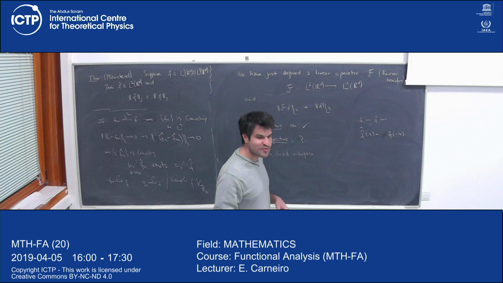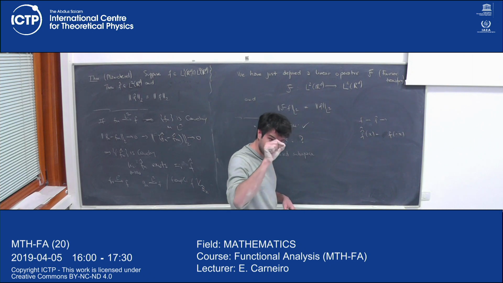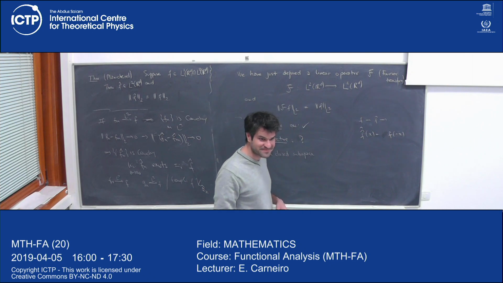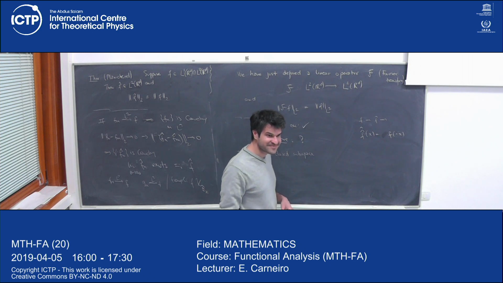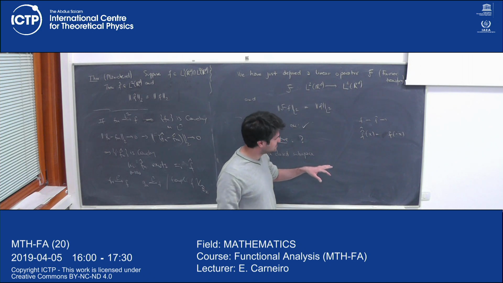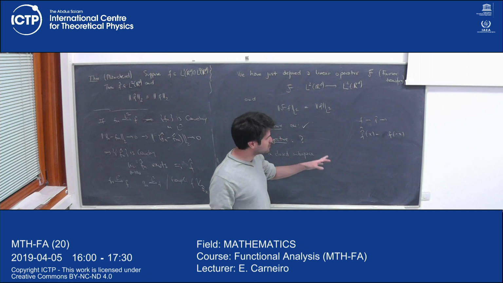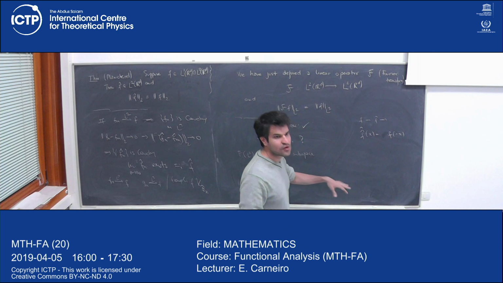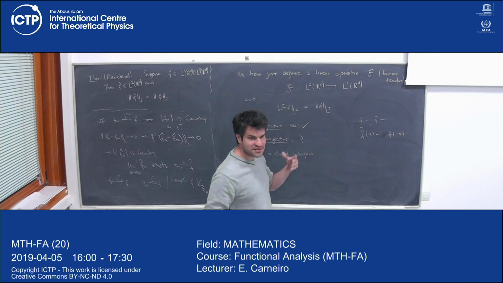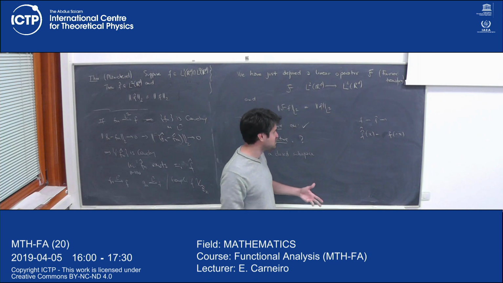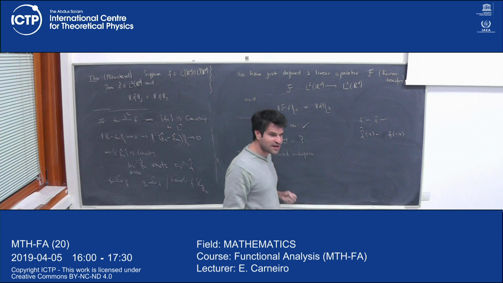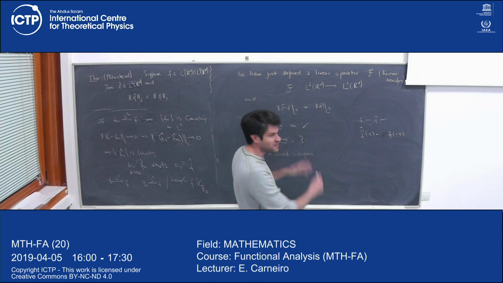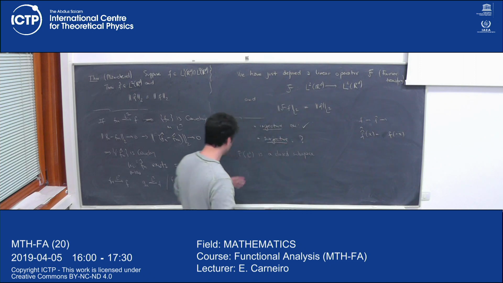Remember, the Fourier inversion operator had a plus sign instead of a minus in the exponential. Yes, this is true, but we assume that f and f hat had to be in L1. So one way to prove that it is surjective is to prove that the space of functions f such that f and f hat are in L1 is a dense subspace in L2. That is okay too.